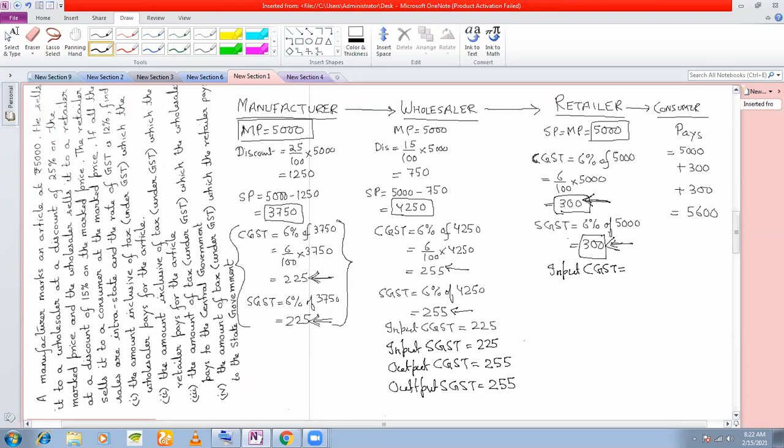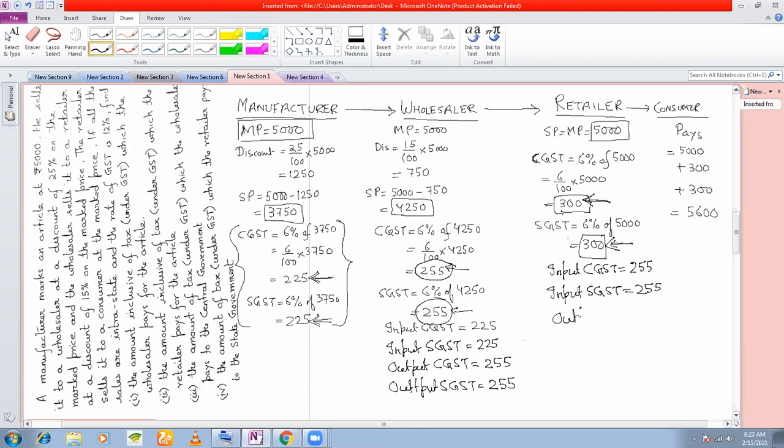So this is for the output, but for the input, when the retailer is buying from the wholesaler, how much tax is he paying? He is paying 255 rupees, right? So the input CGST of the retailer must be 255, and the input SGST is also 255.